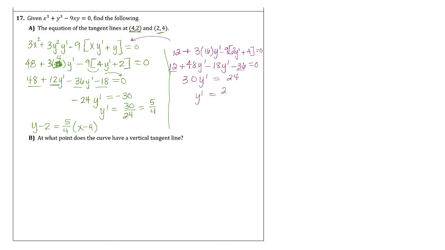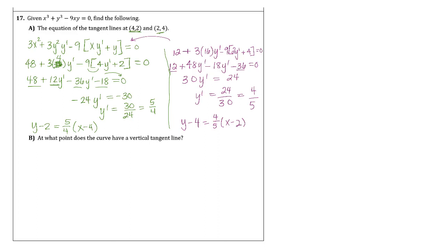So now I have positive 24 over 30, and so what is that going to be equal to? We're going to get 4 over 5. Well, look at that. It did have something in common. Thought it might. So we're going to have y minus 4 equals 4/5 times x minus 2.